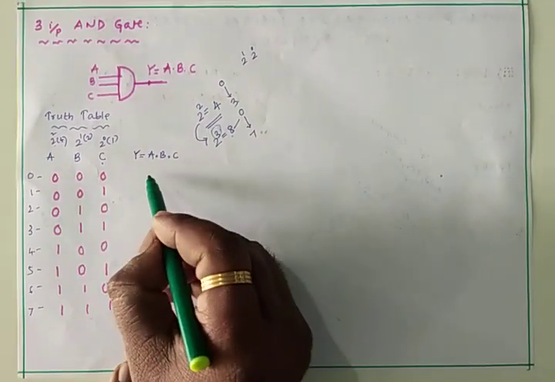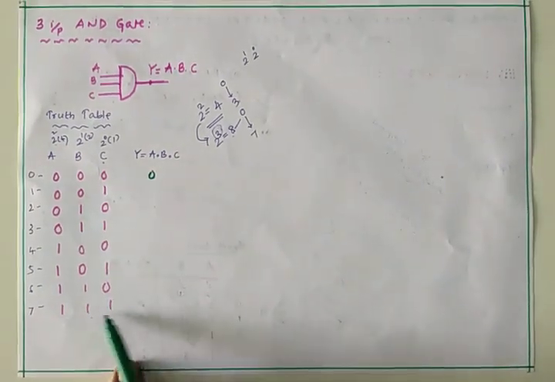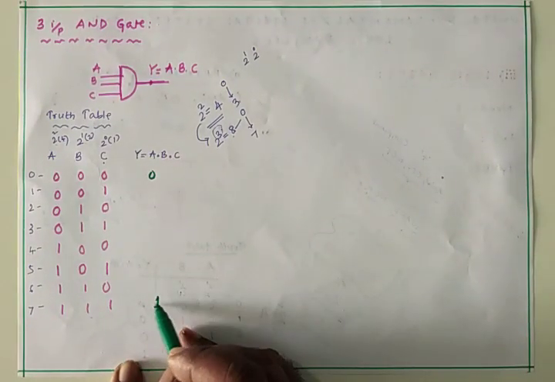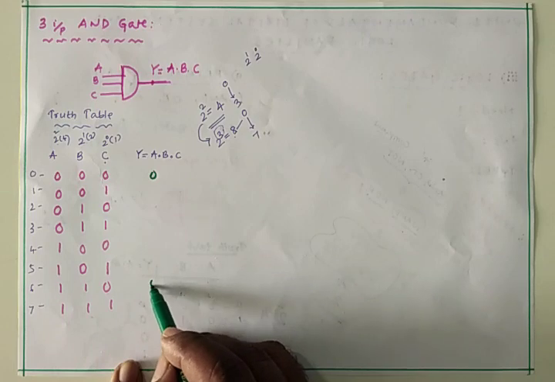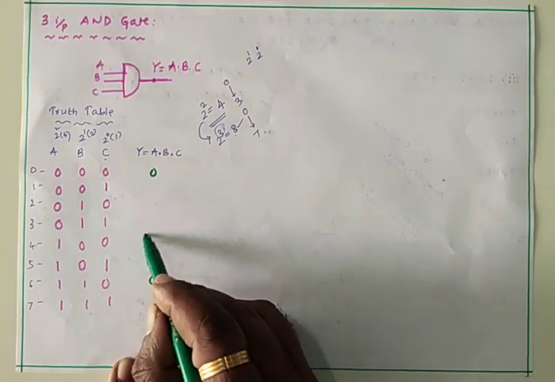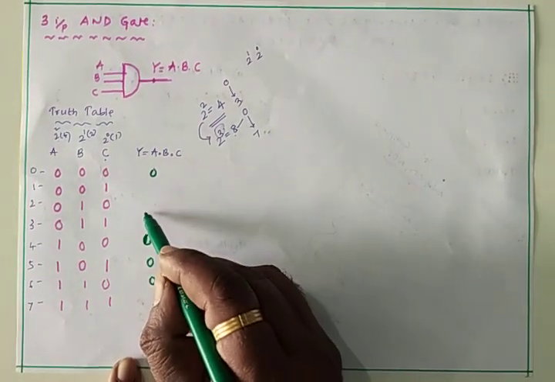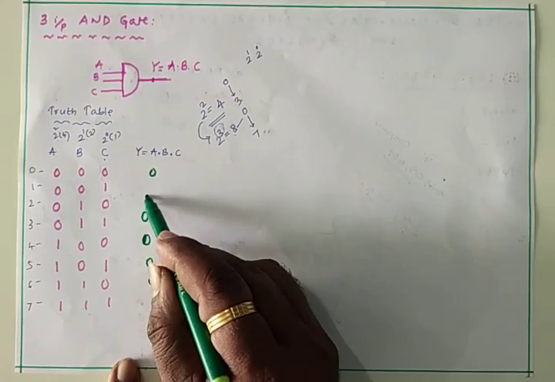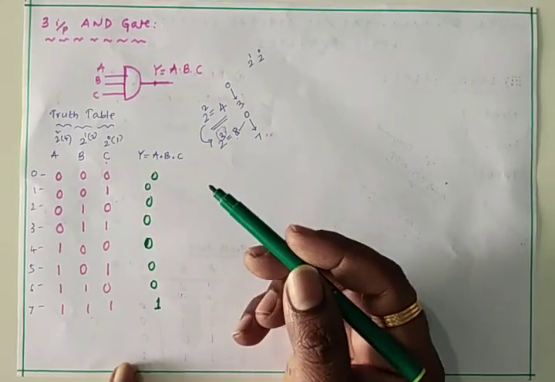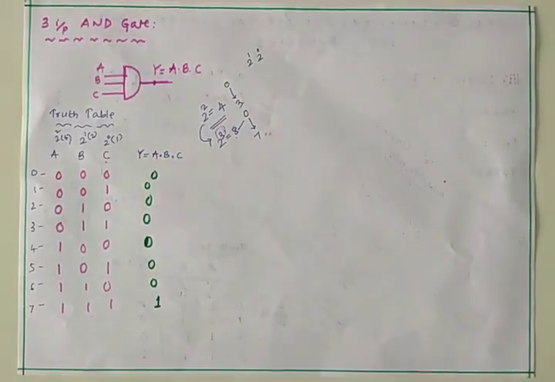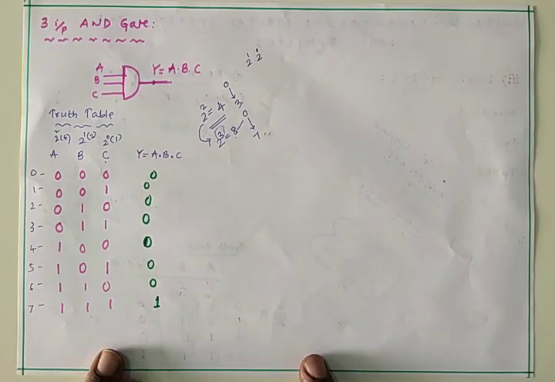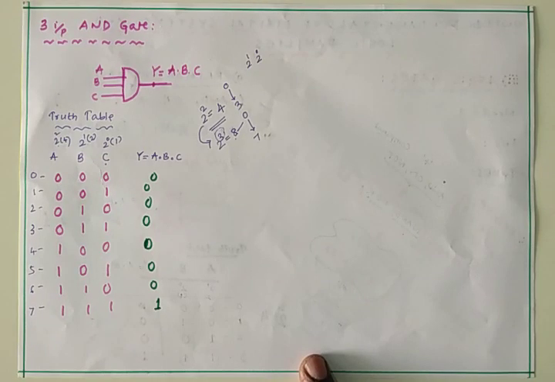Here no ones are there, so the output is 0. Here all the ones are there, so the output is 1. Here not all the ones are there, so this is 0, this is 0, this is 0. If the input combination is all ones, then only the output will be 1, otherwise the output will be 0. This is the logic gate called the AND gate.